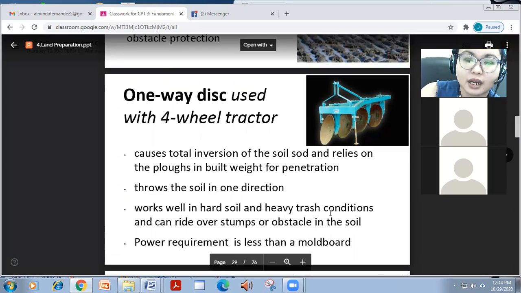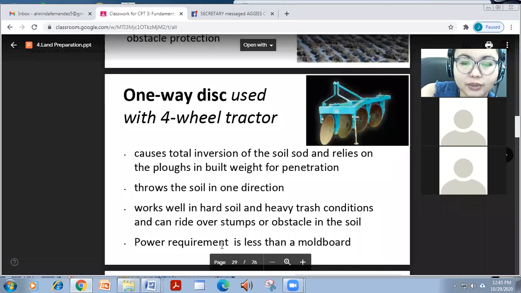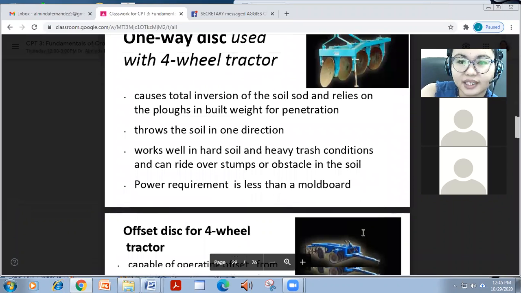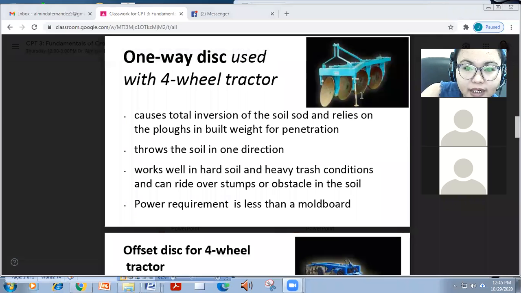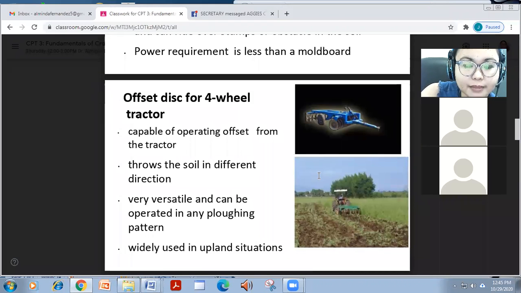Whatever the obstacles or how hard the soil is, its power requirement is less than a moldboard. So it is more powerful.